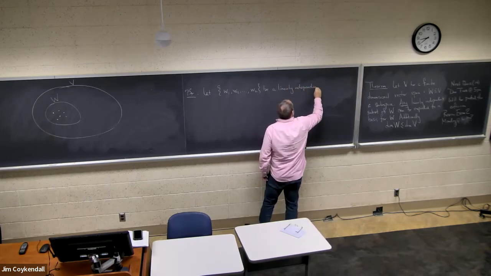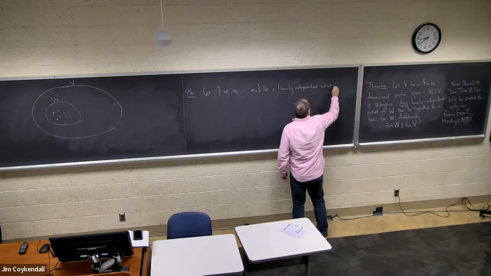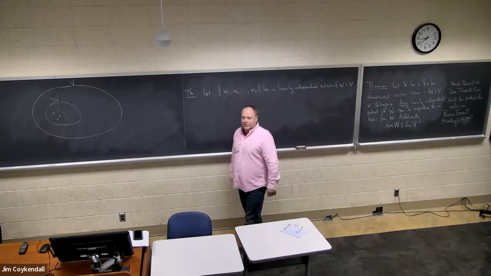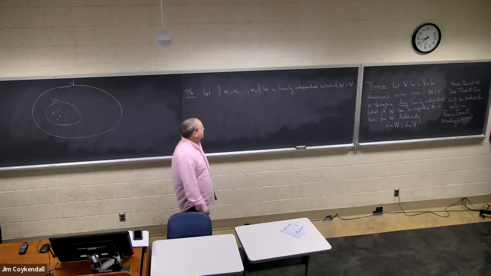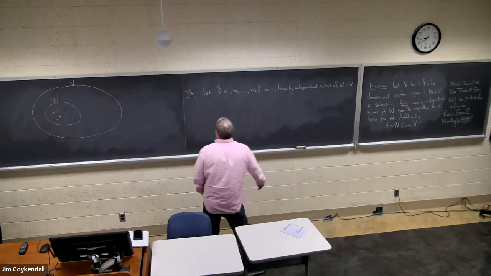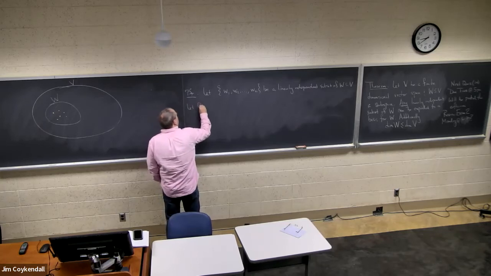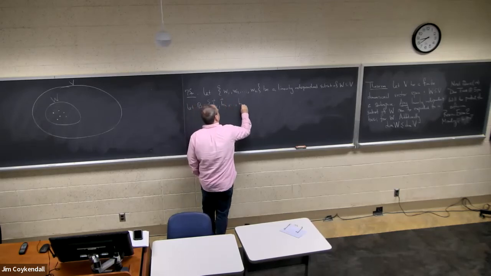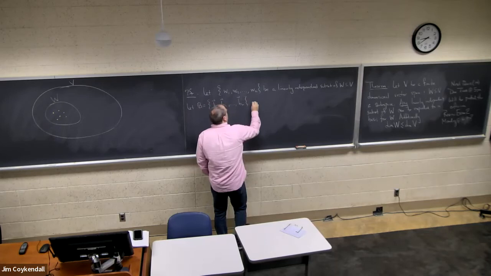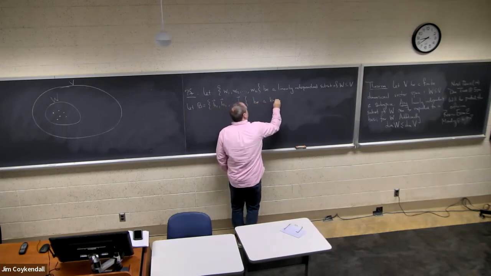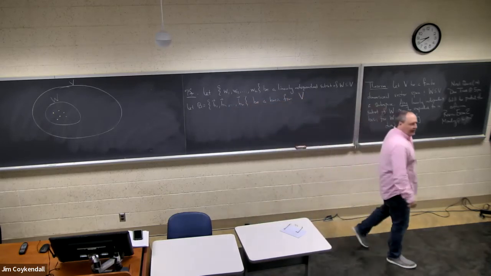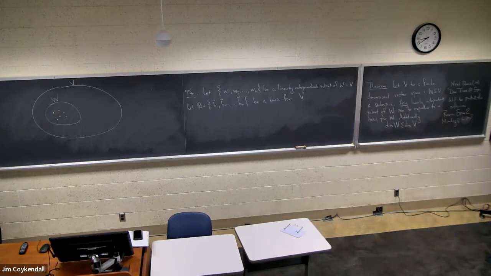So let me set up the players. Suppose I have a set of linearly independent vectors, W1 through WK. And let B be a basis for V, with N elements. V is a vector space, and I did say it's finite dimensional, so it's got some basis.